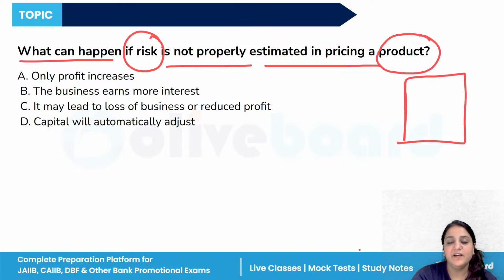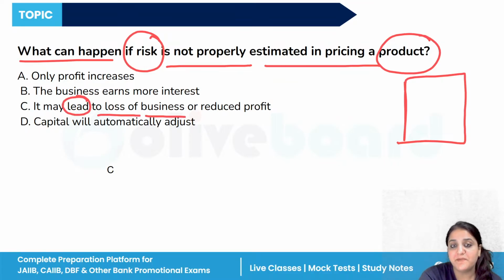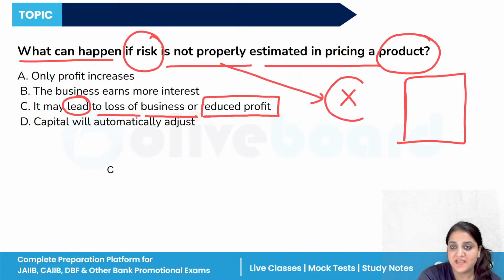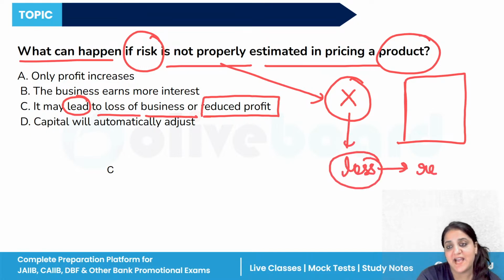See, here the answer is it may lead to loss of business or reduced profit. Obviously, when risk is not properly estimated in pricing a product, that will lead to loss of the business as well as reduced profit.